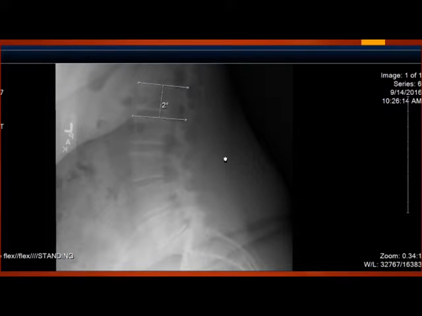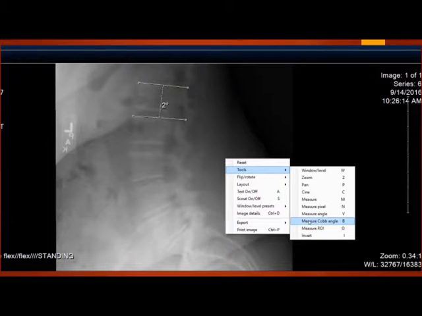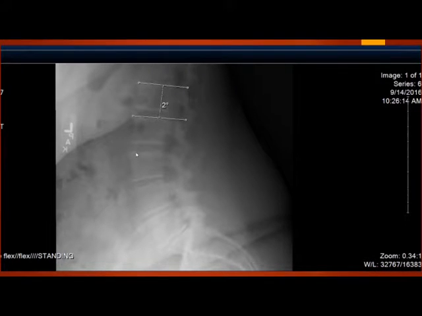Okay? Now let's continue. Our next Cobb angle, which is B, we're going to draw a line across the superior end plate of L2, another line across the superior end plate of L3. Here we get a -8 degree angle.